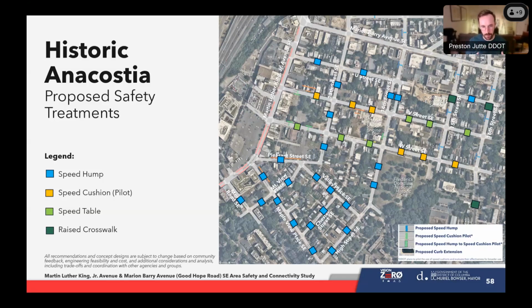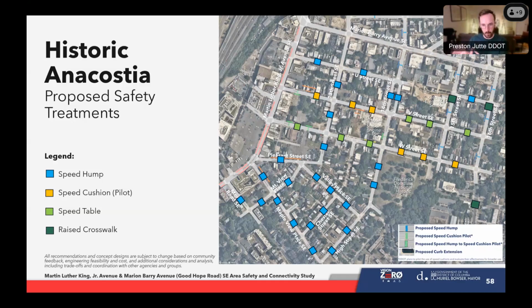Everywhere else, wherever feasible, we want to have speed humps or speed tables. So the green ones you can see where there's the bus service, we'll have those more stretched out speed humps, the speed tables, so that they're still slowed down, but they're a little bit easier to navigate, and they're on the inbound routes for the fire trucks where they're coming back. So it's not quite as much of an emergency to get out.